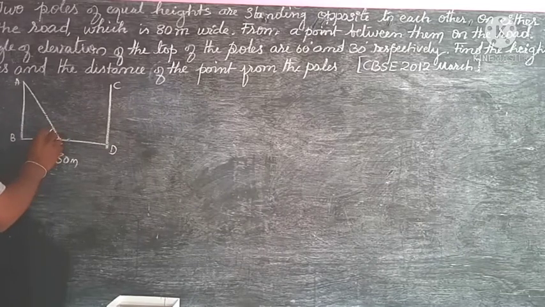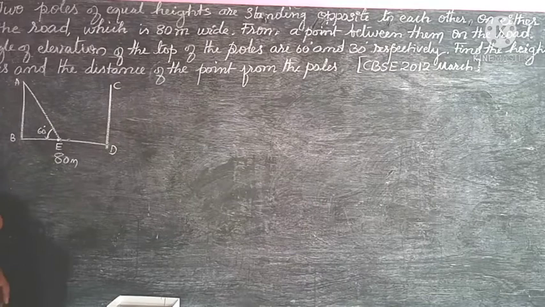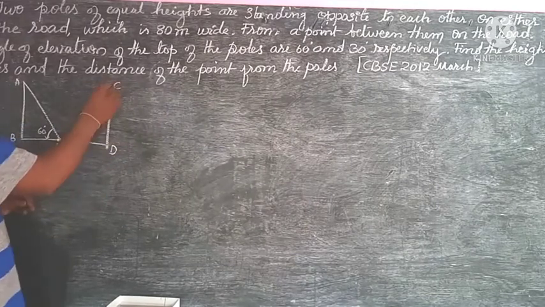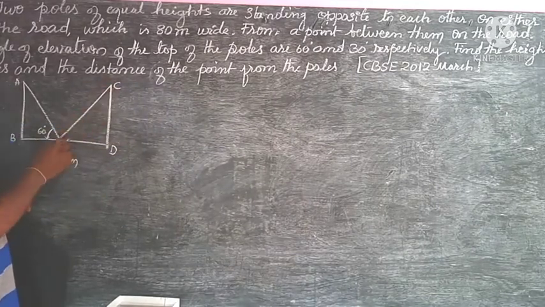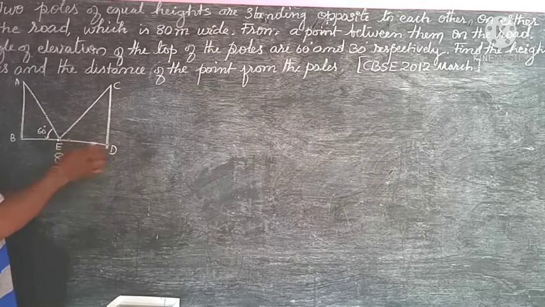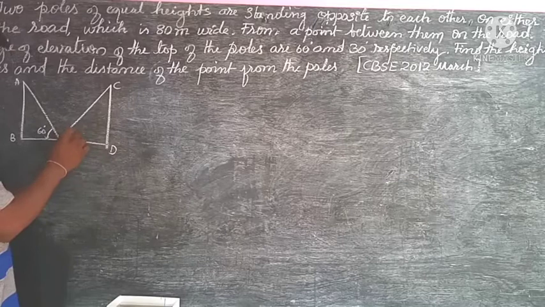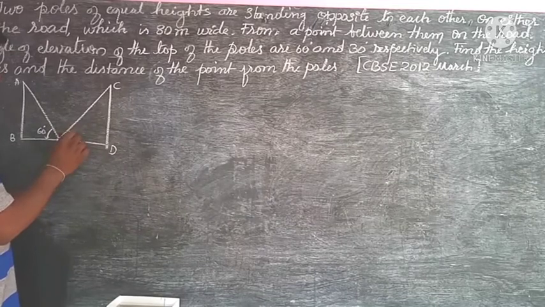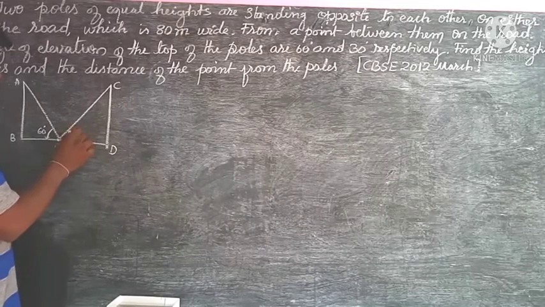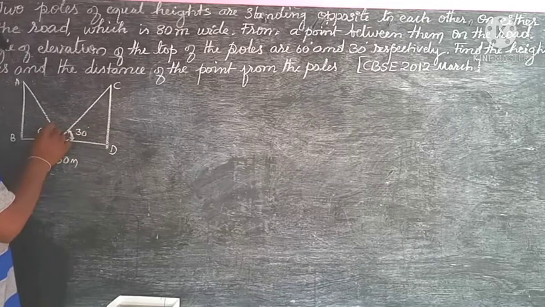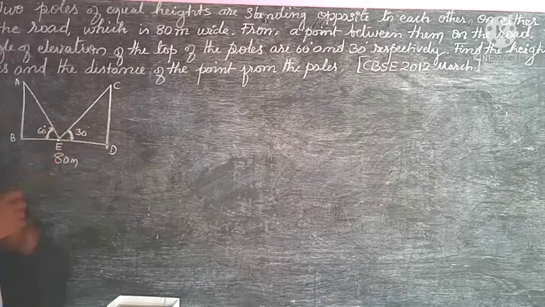Therefore the angle of elevation there we take as 60 degrees. And for CD, which is away from point E, it takes more distance. Therefore that angle of elevation we take as 30 degrees.